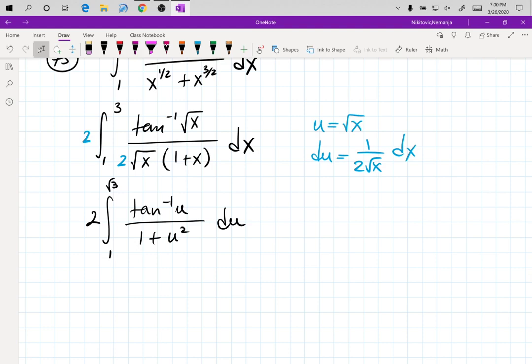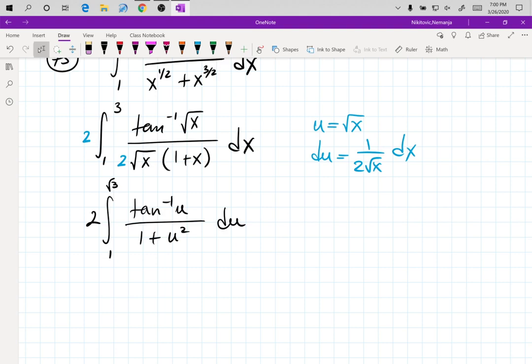Anyone? Nope, it's not, it doesn't have to do with trig. It should be by parts, right?